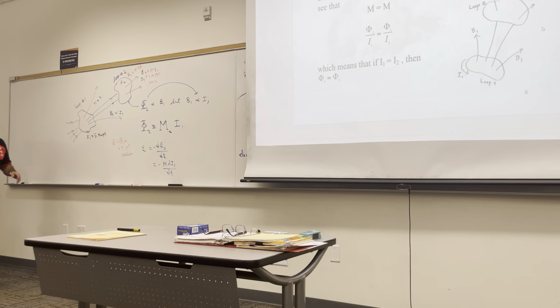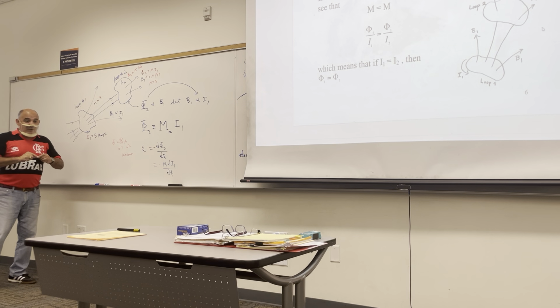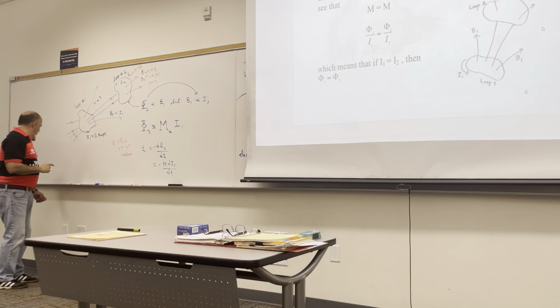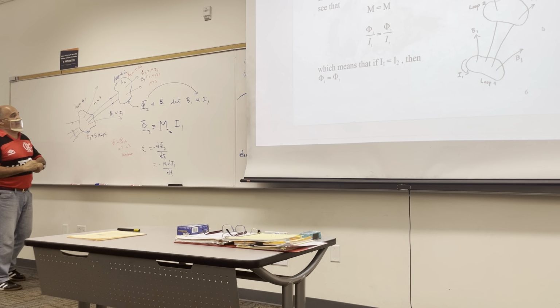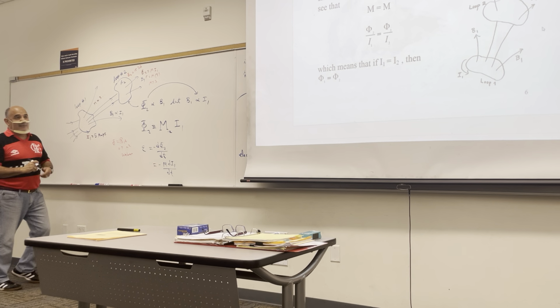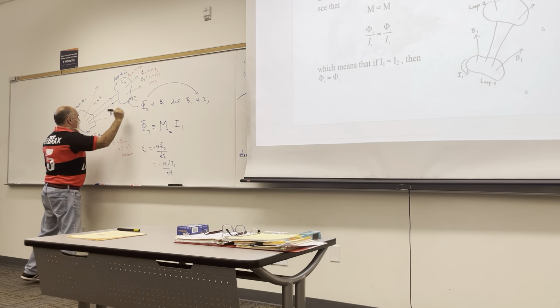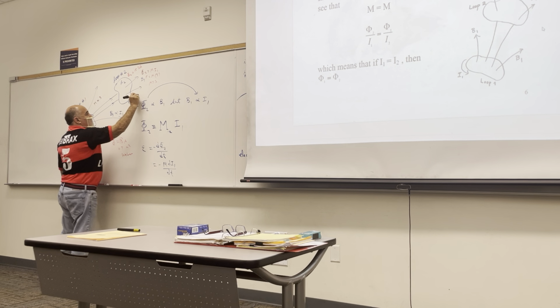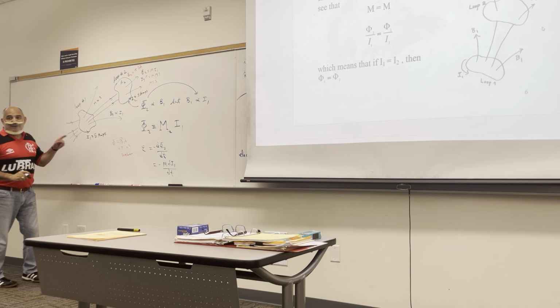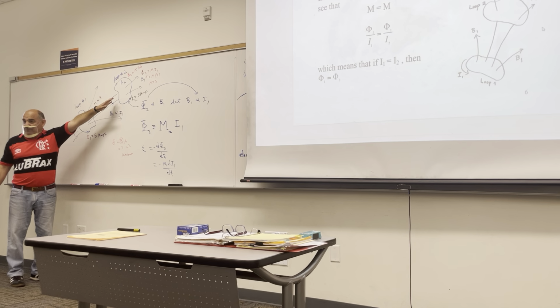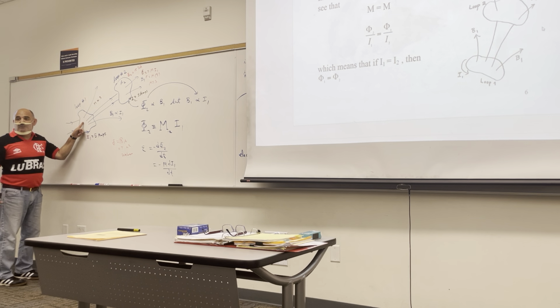Now, the key thing is this. What if I now establish a current in this loop that has a different shape, and suppose I make that current equal to 5 amps, the same as this current, and I ask you what will be the magnetic flux of the magnetic field produced by that current in that loop through this one.